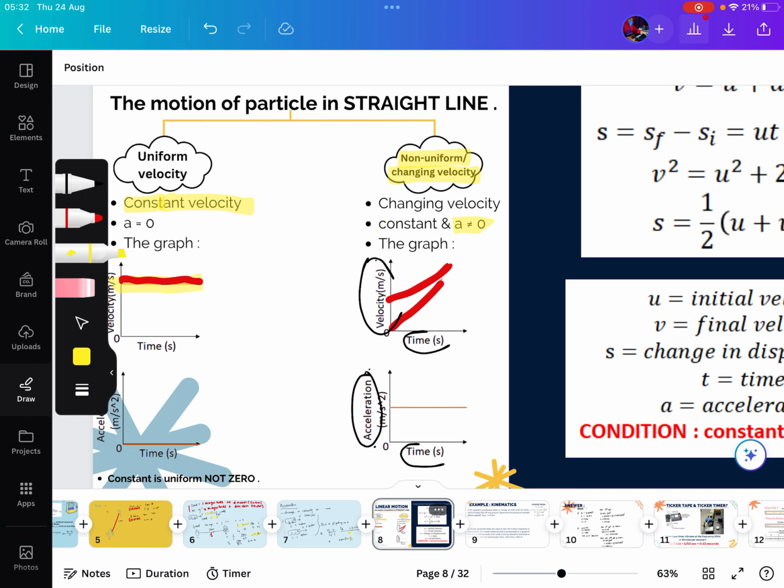You need to remember that acceleration is constant. Any graph that you see, if it is talking about constant, the graph is always a flat line like this. So this is actually a constant graph, for example on a y and x axis. That's why for a constant velocity, the velocity against time graph looks like this, a flat line.